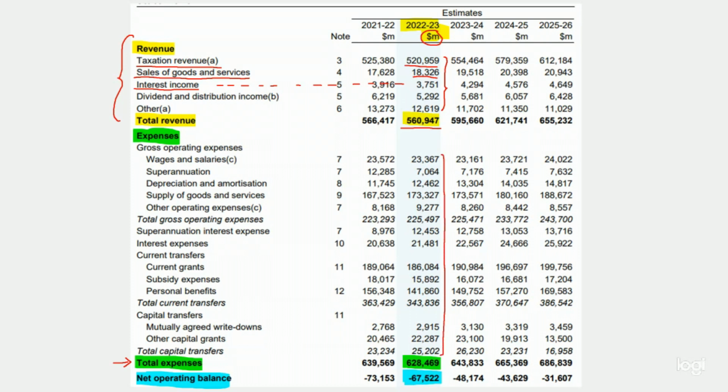If you're asking yourself what these numbers mean, you can read across and see that this 23 billion relates to wages and salaries, and this could be for public workers. Another 7 billion was contributed through superannuation. So we're expecting to pay this much in superannuation in this given year, and so on and so forth, with all of these other items that you see on this list as well.